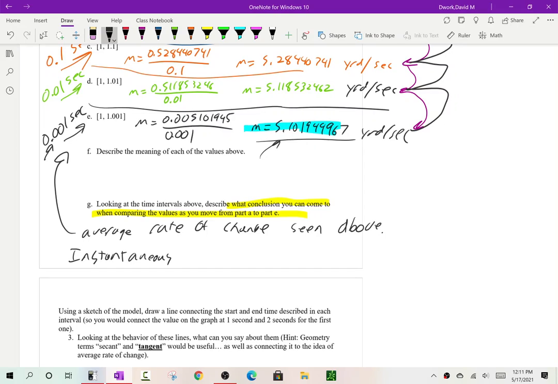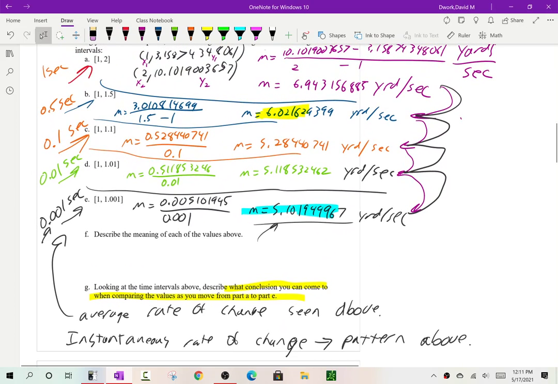The instantaneous rate of change is what you see from the pattern above. We see it by sliding the 2 points closer and closer in together.